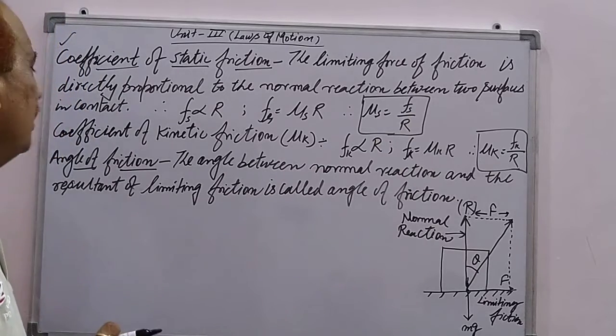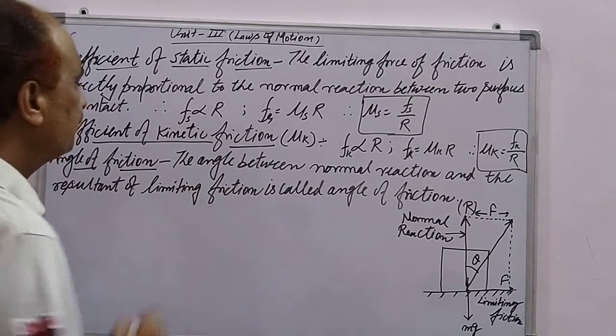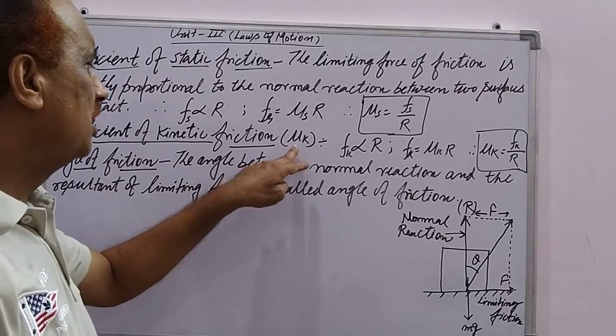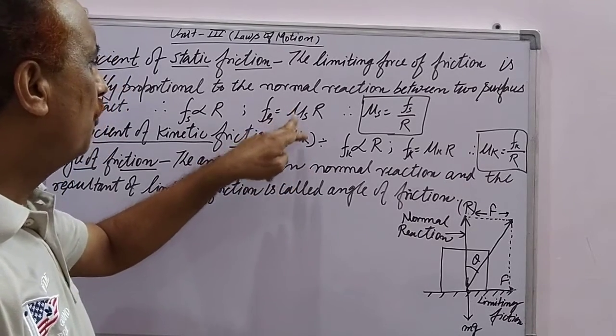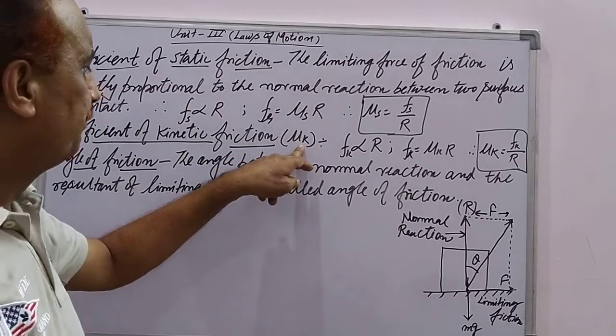Now similarly we can define the next definition, that is the coefficient of kinetic friction. The coefficient of kinetic friction is represented by mu k. Mu means the coefficient and k represents the kinetic.